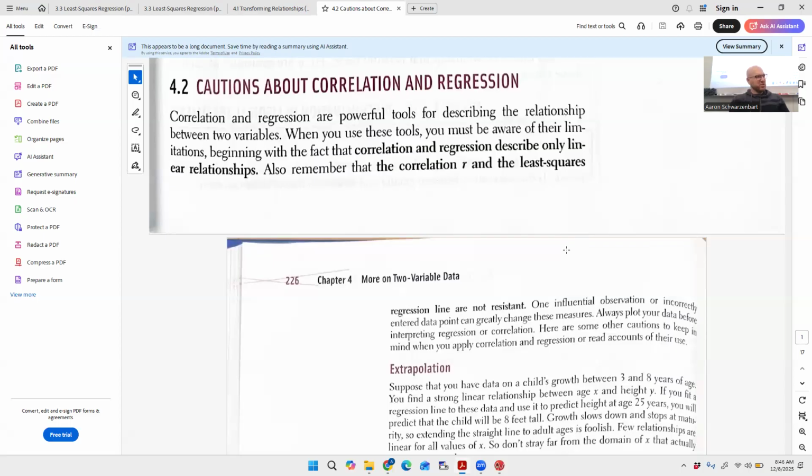Do you guys know what interpolation versus extrapolation is? Yes. So interpolation is like making a prediction within the data that you have, and extrapolation is making a prediction outside of the data. Is the extrapolation ever useful? Yes, it's just not always accurate.